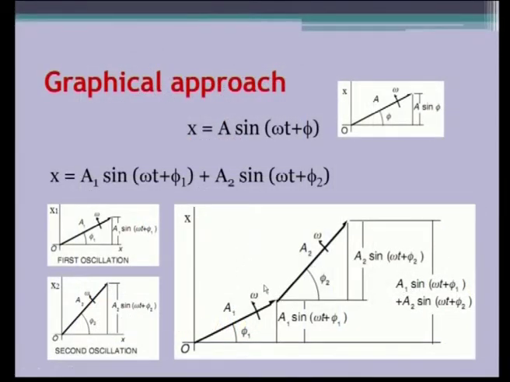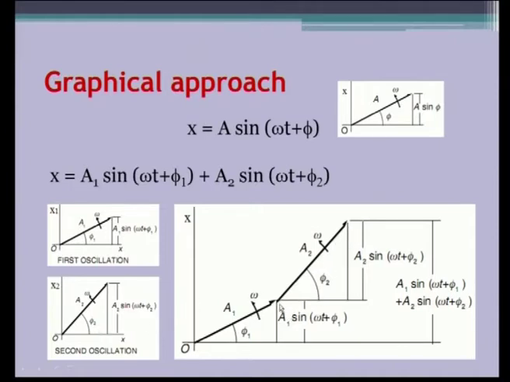It is shown in this picture. See, we have this a1 as it is shown in the first oscillation. The second oscillation has to be done in this arrangement. It should start from the head of this vector, the tail of the second vector should coincide with the head of the first, and it is arranged.